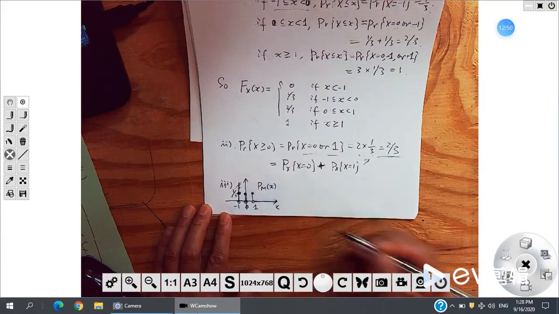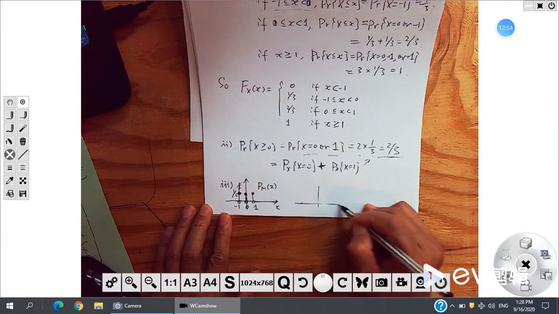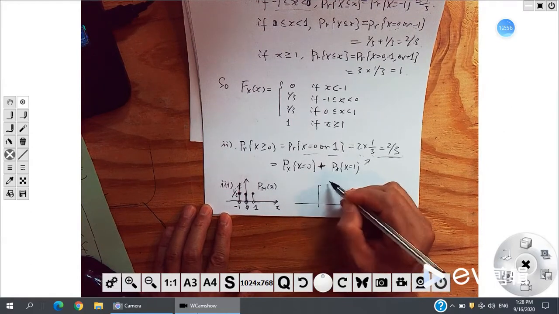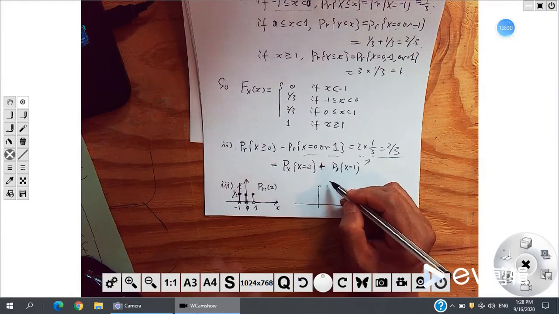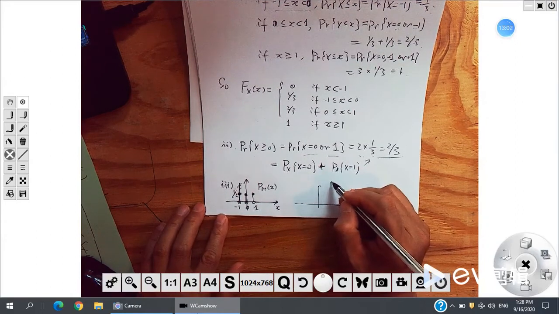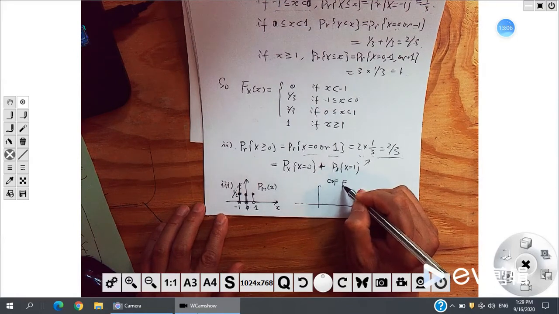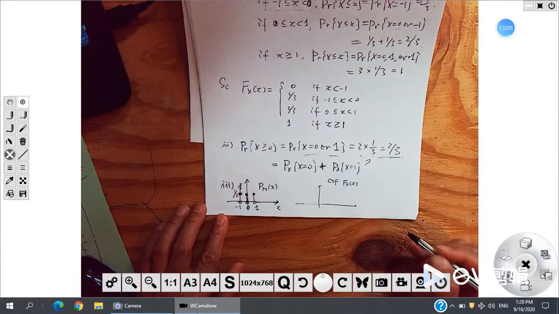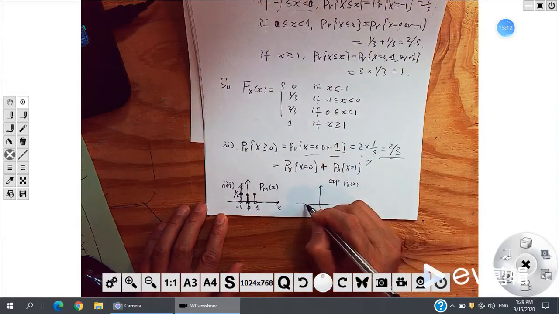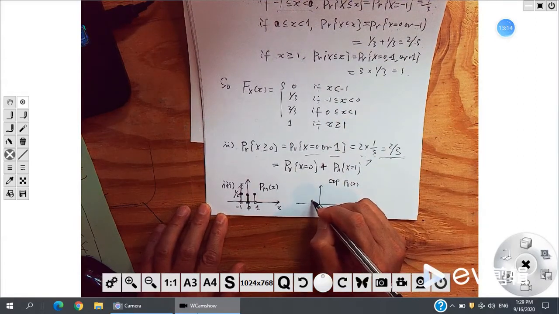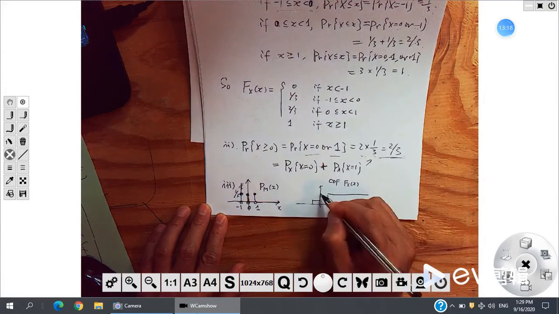Okay. And for the cumulative distribution function, CDF, which is f X of x, it's 0, 1/3, 2/3, and 1. So it's 0, then 1/3, 2/3, and 1. Here's 1.